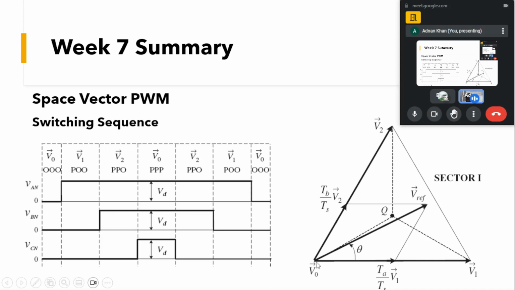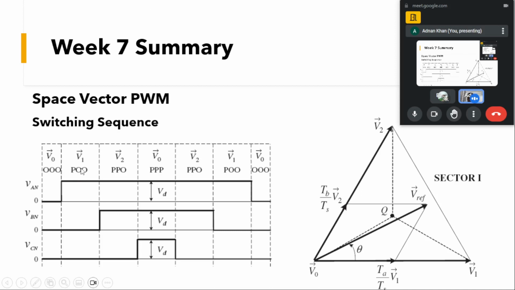Then again we switch the zero vector for some amount of time, and after that we switch v2 back, then v1, and then v0. If you can see here, between each of these there is only one single change.